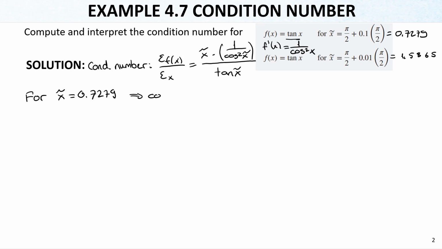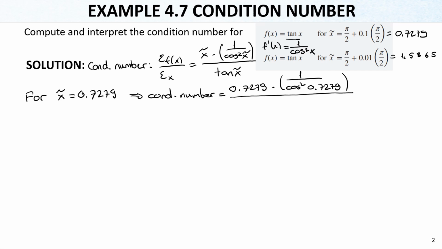The condition number is x tilde times 1 divided by cos square 1.7279, divided by the denominator tan x, which is tangent 1.7279. We needed a correction here: this is 1.7279, so let's erase them and write 1.7279.